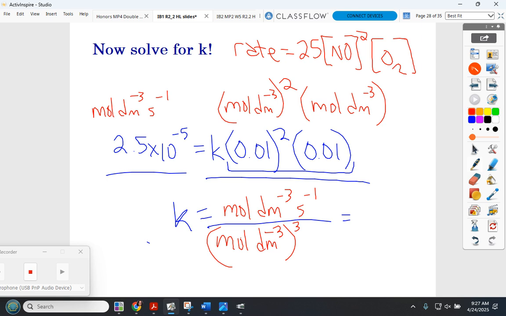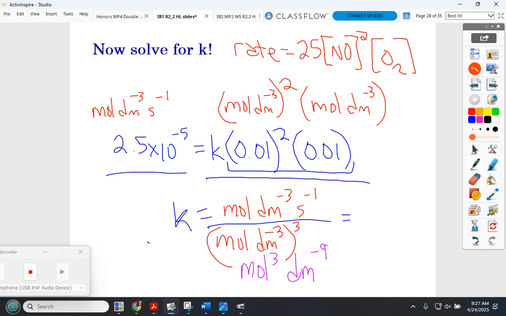So this is going to become moles cubed decimeters to the -9th. Yeah, I have to think about it every time, honestly, because we don't do this very often. This is one of the few times in this course that you'll have to remember how to do that.